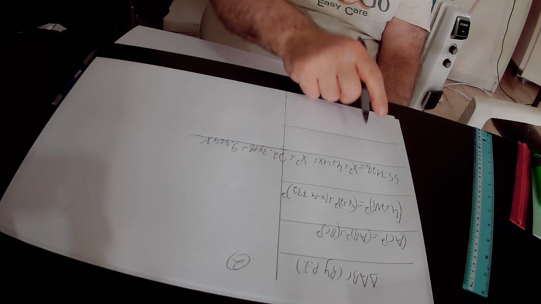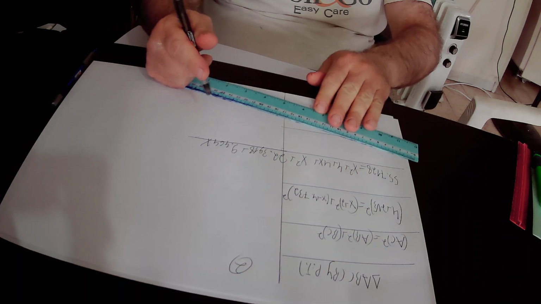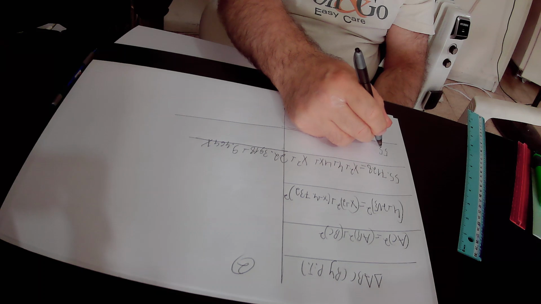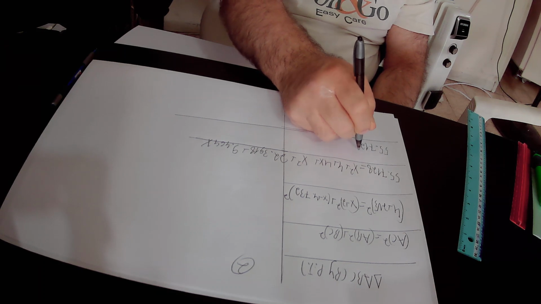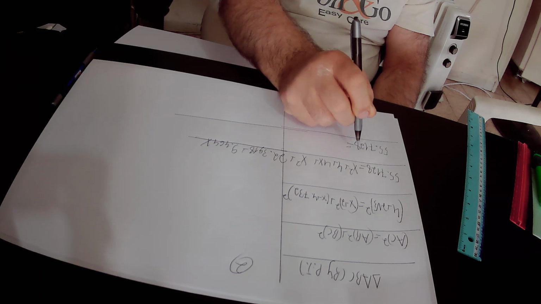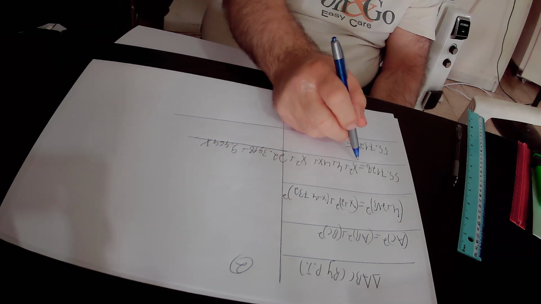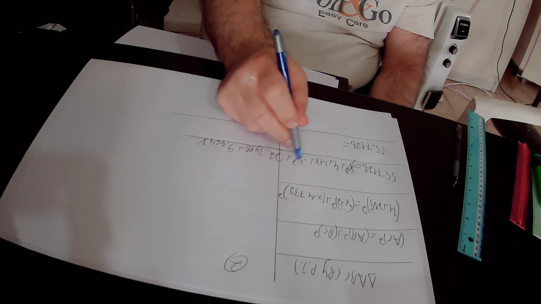So on this side of the equation we have 55.7128. On the other side of the equation we have x squared plus x squared, which is 2x squared.